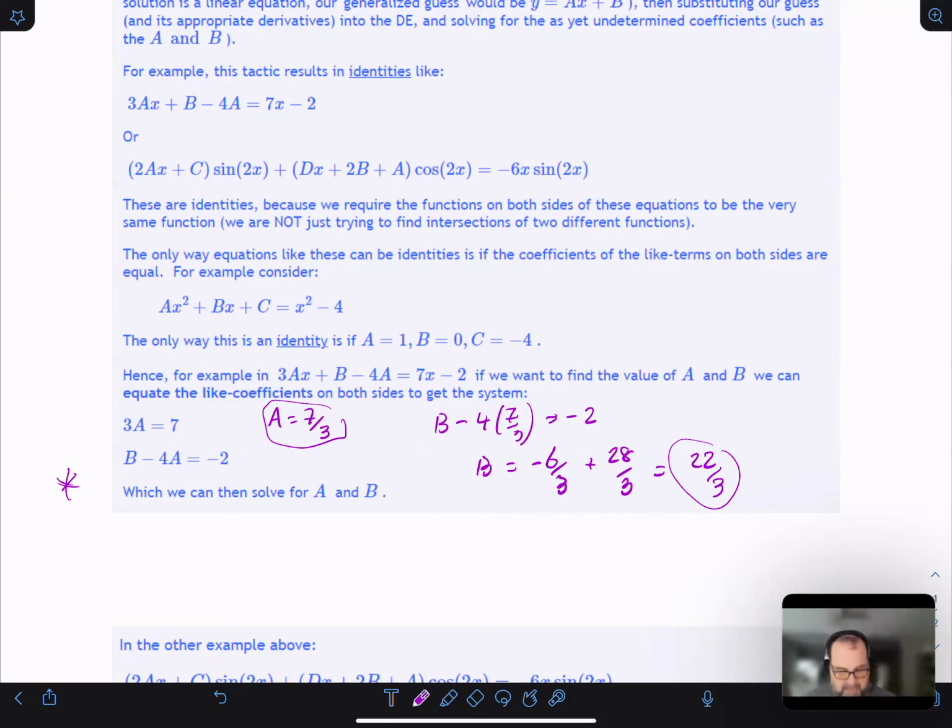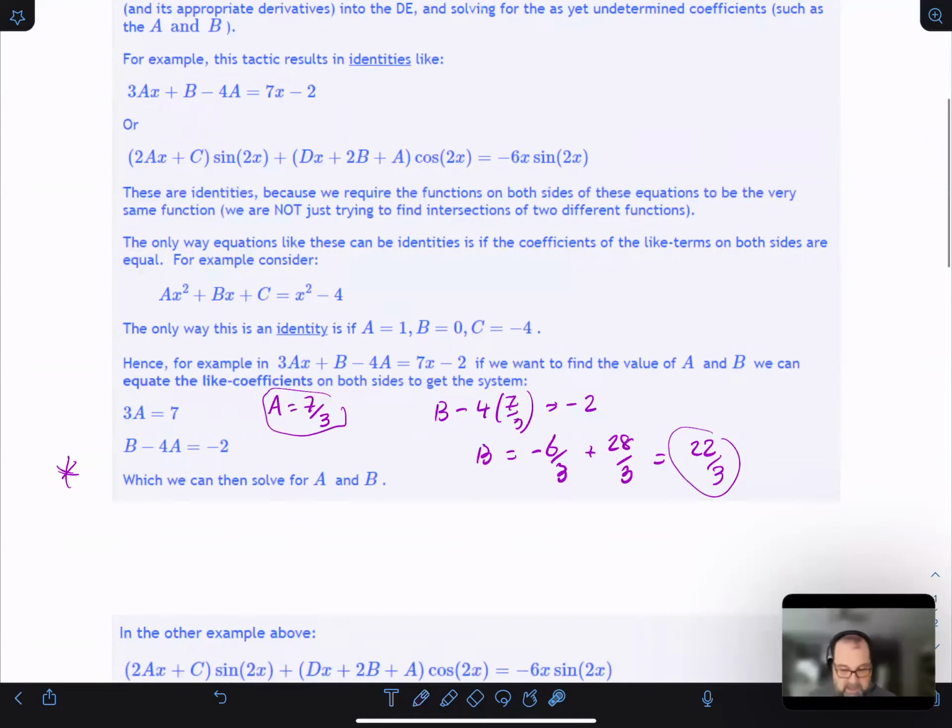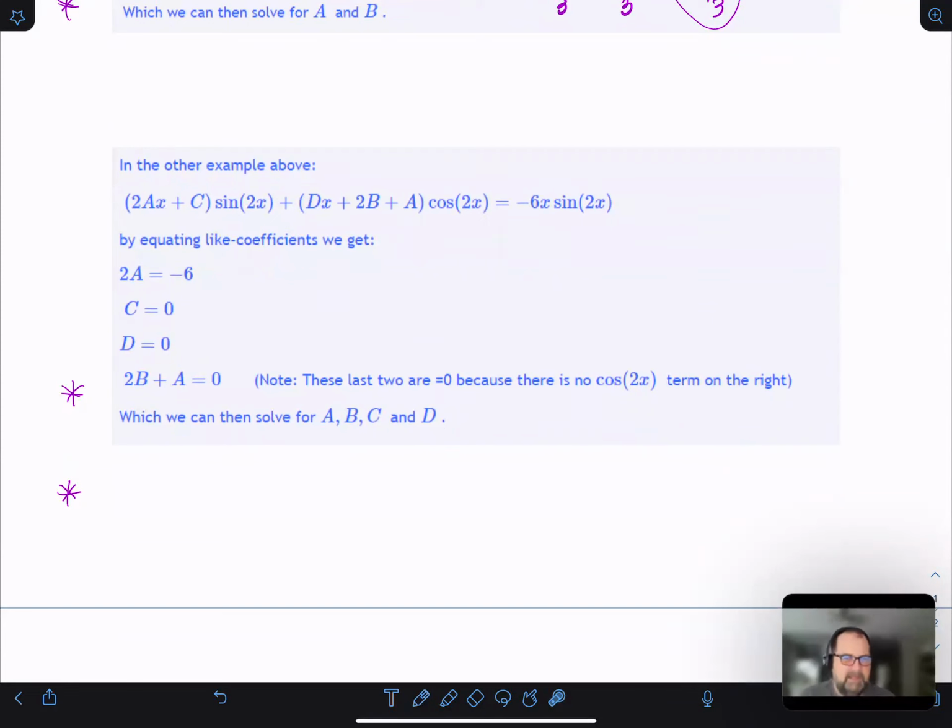The other example up above, let's take a look at this one as well. We'll go all the way down here, this next one. This again maybe looks a little strange, a little harder to see, but once you see it once or twice, I think it's fairly clear. The point would be, what are the terms here? So here you have to understand that I might have to do a little distributing first. There's really a 2a x sine 2x.